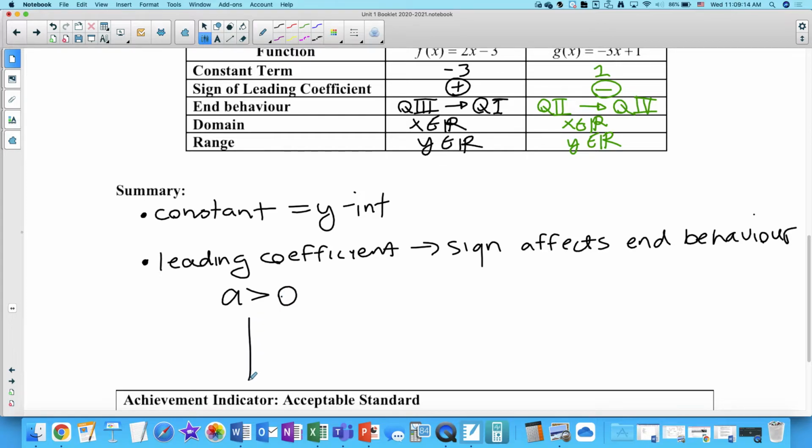It will always start in quadrant 3 and end in quadrant 1 because it's going to slope upwards. Okay, if a is negative, less than 0, it's going to start in quadrant 2 and then end in quadrant 4.